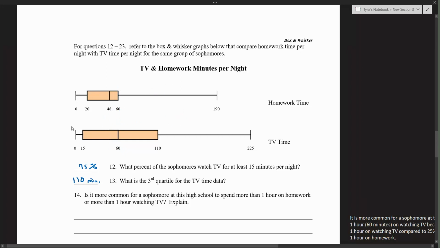So when we're looking at the TV data, notice my left whisker ends at 0. So that means 0, remember, is the smallest number that's not an outlier. So that means 0 showed up in the data. Since there are no outliers here, that would be the minimum value.